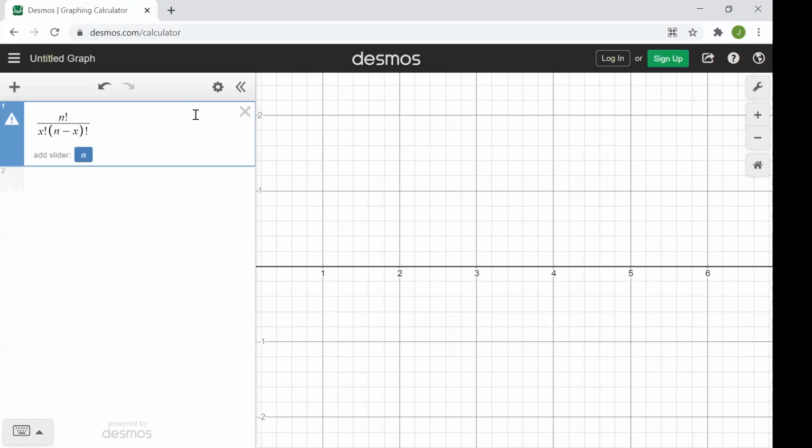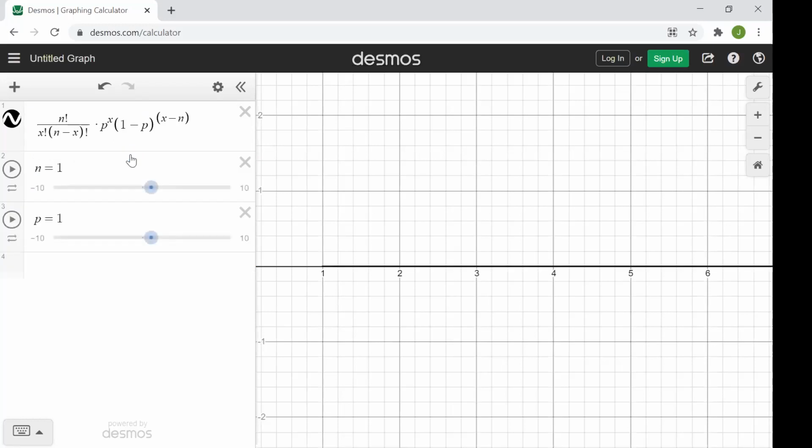And now we have times this P, the power of X, times 1 minus P, the power of X minus N. You might have to put the parentheses. There we go. Now, I've written the whole thing out.